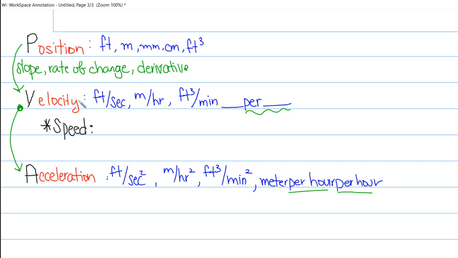However, velocity can be negative, because velocity is speed with direction. Which means speed is really the absolute value of the velocity, which I'm going to represent as v sub t.